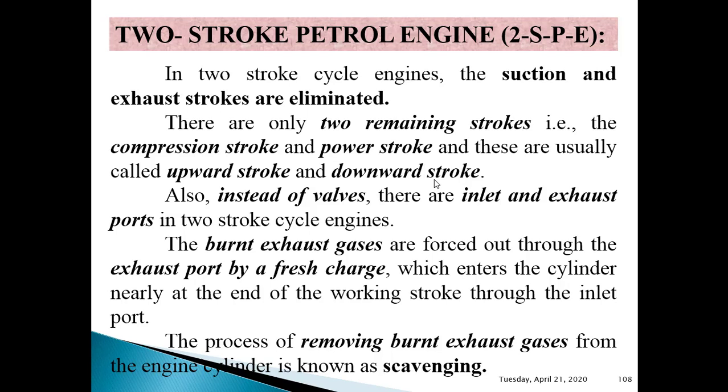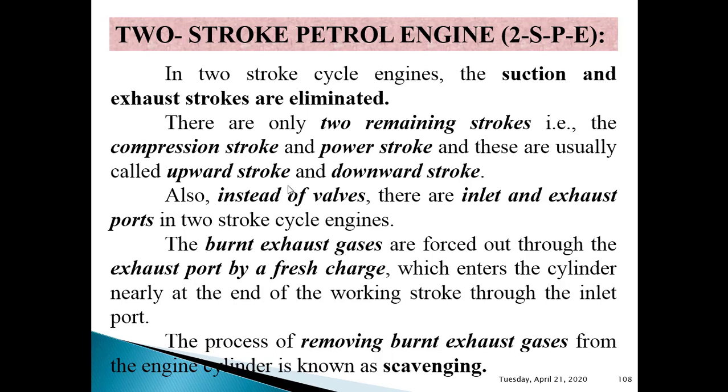So instead of calling them compression stroke and power stroke, we usually call them upward stroke and downward stroke. When the piston completes one upward stroke and one downward stroke, one cycle is completed. So for one cycle it requires only two strokes, as the name itself suggests.